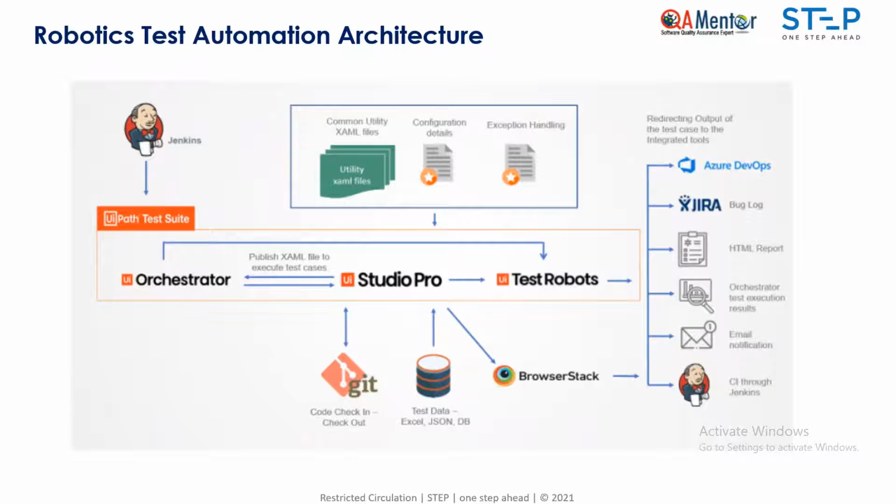This is the robotic test automation architecture which we mostly use. You can see the Orchestrator is there, UiPath Test Pro is there, and test robots are there. The robots run the test scripts, so the test suite runs on the robot. UiPath Test Pro is for developing the scripts or workflows for testing, so developing the test cases in short.